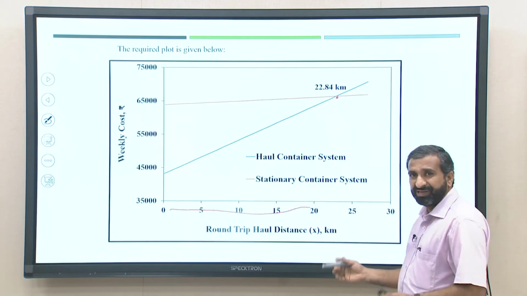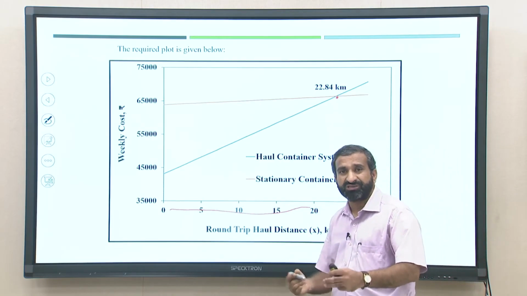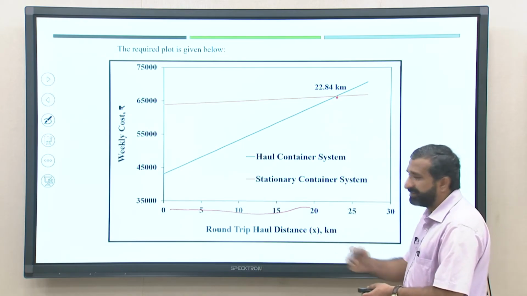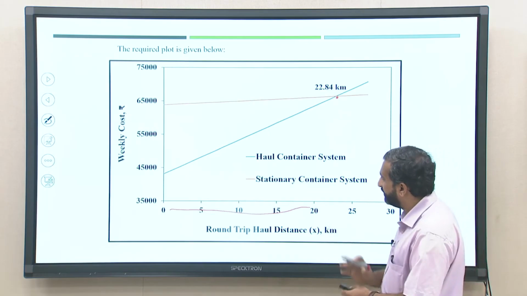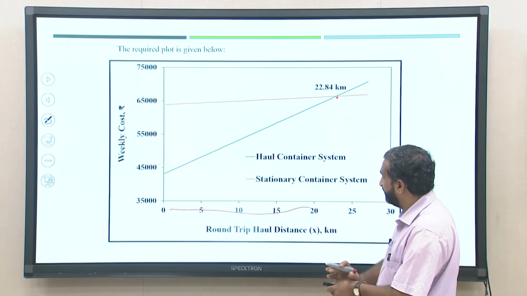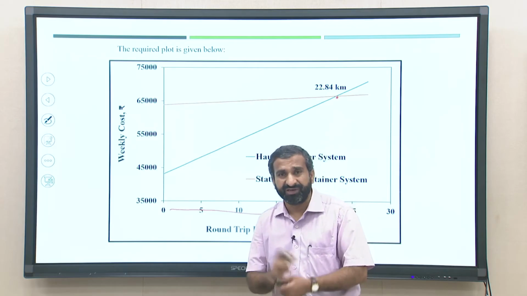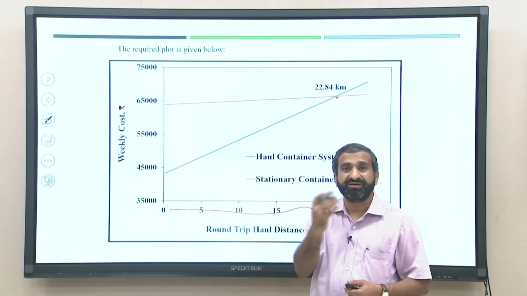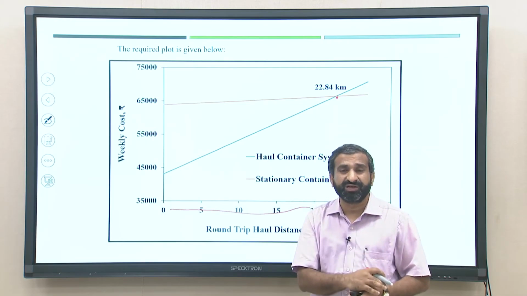So, that was what the private collector was looking for, where both the costs are similar, where they can locate the MRF facility or recycling facility. Now, students, please understand, every time we think that haul container systems are very costly systems, because for every location the waste or vehicle has to be hauled to the disposal site.